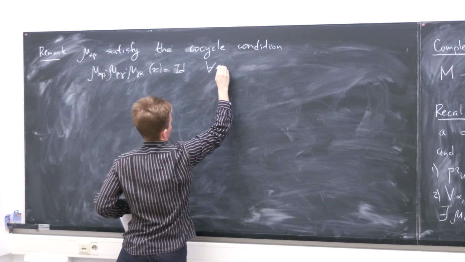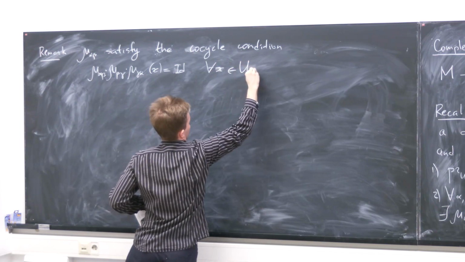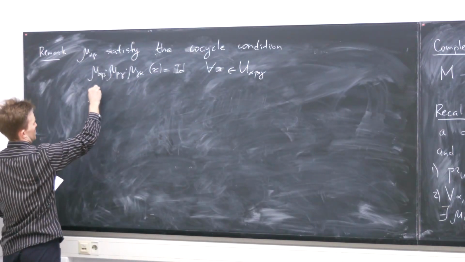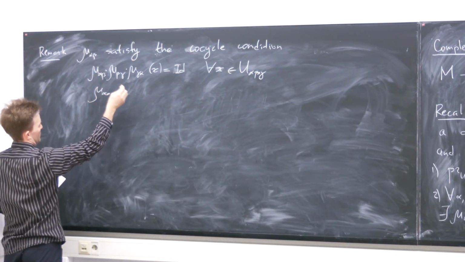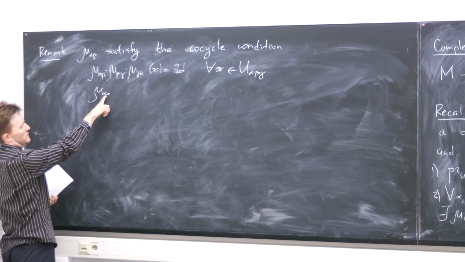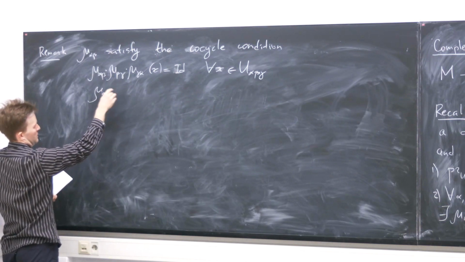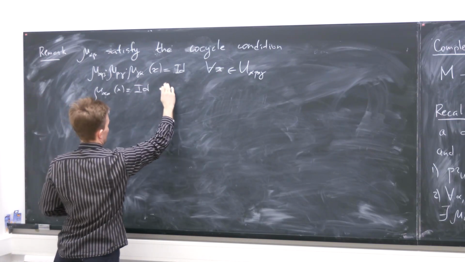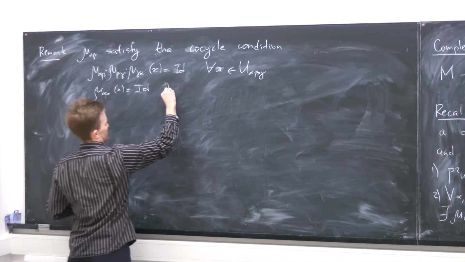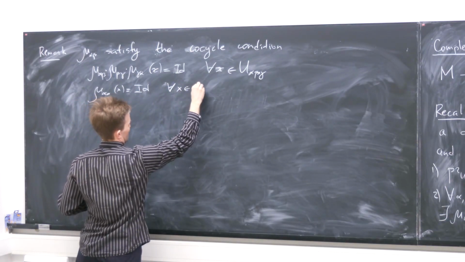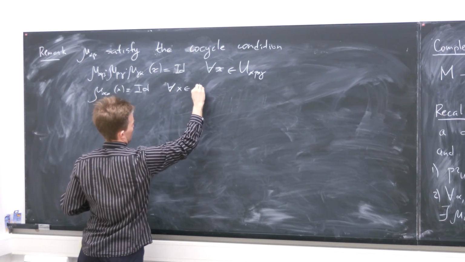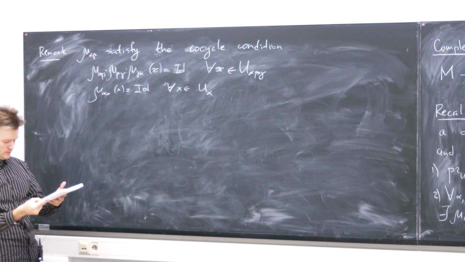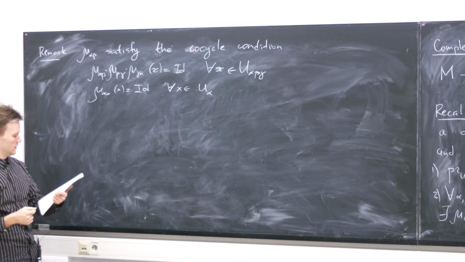Also, you can write some other conditions that should be satisfied, that this is just the identity also for any alpha. Okay. And if we have such a co-cycle, then we construct a vector bundle.